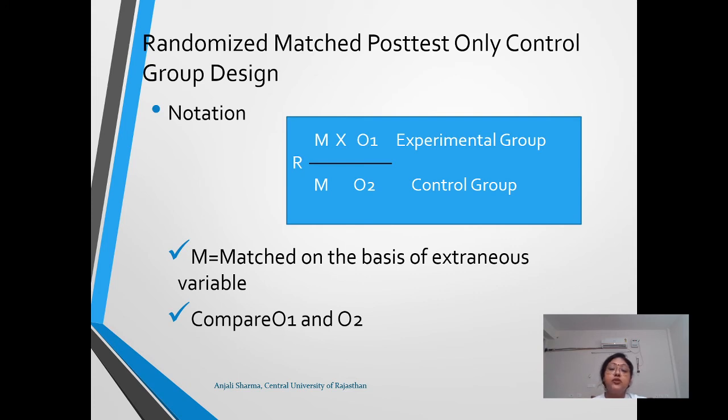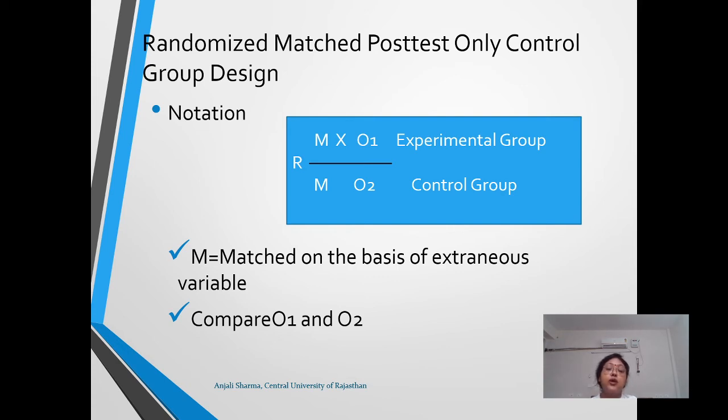Where you do not get the same pair of scores, you leave those cases out. In this way you match, or you can also take a range, and on that basis you can match both the groups. So in experimental research design the groups should be equated, to enhance internal validity.